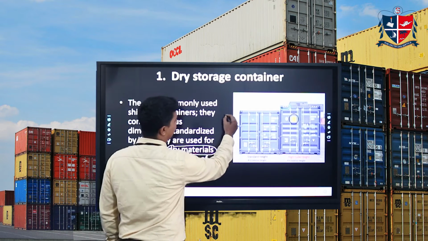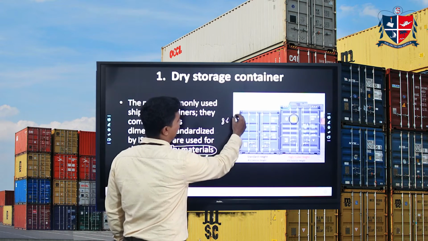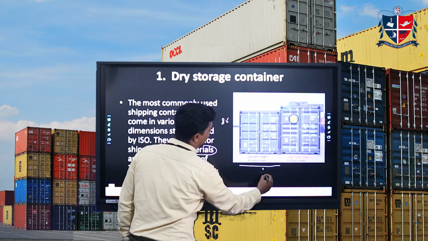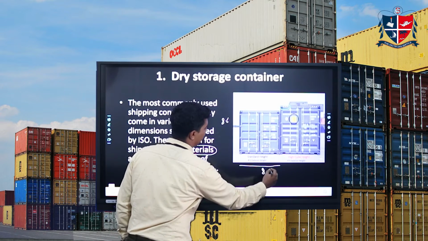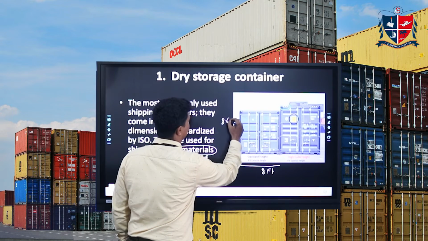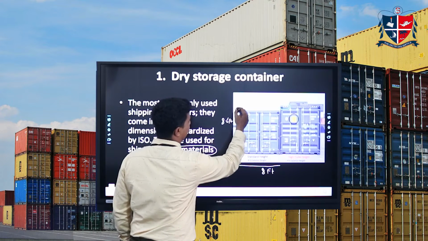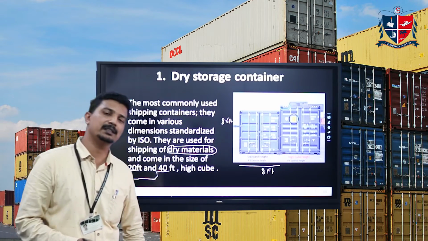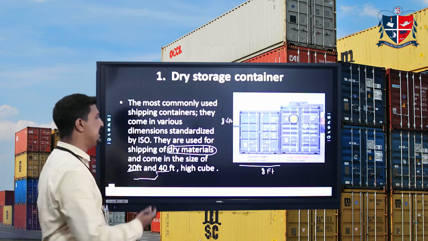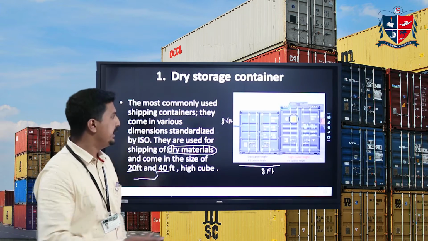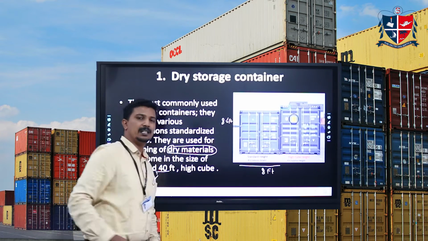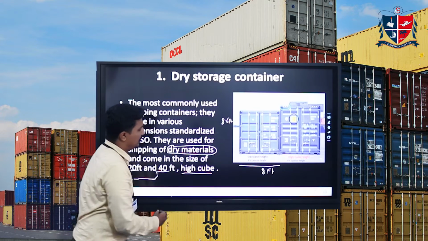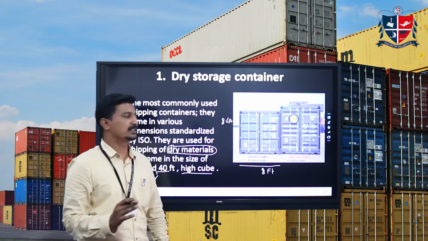The height is 8.56 feet, the width is 8 feet, and the length is 20 feet. If it's a 20 feet container, the length will be 20. If it's a 40 feet container, the length will be 40, and the height and width will be the same. And in the case of high cube, the height is the only difference.